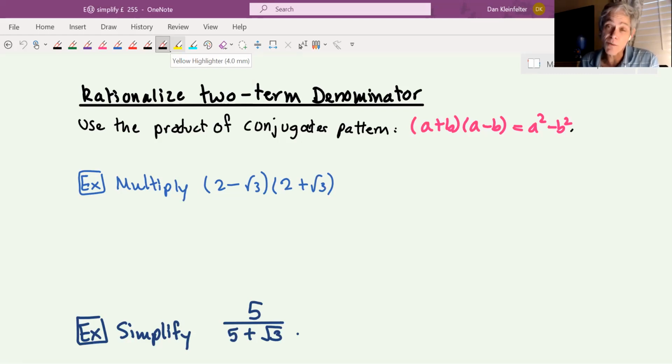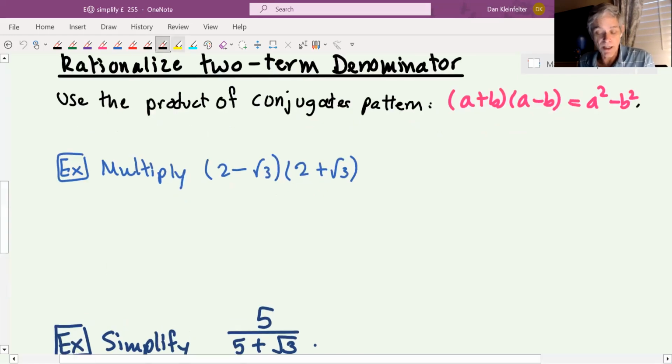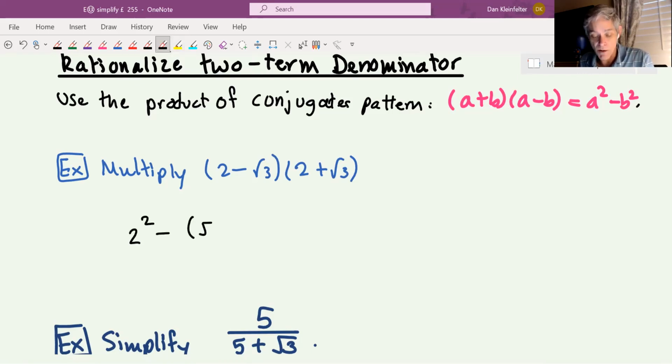Notice that there's no a's or b's. So if a and b have roots in them, they end up squared, and that eliminates the square root sign. Let's see an example just with multiplication. If we have 2 minus root 3 times 2 plus root 3, using this pattern, we would have the a, which is 2 here, squared, minus the b, which is square root of 3 squared.